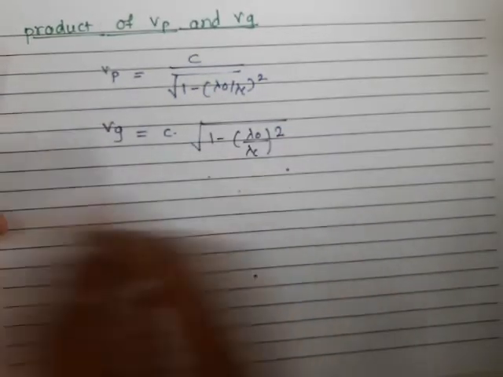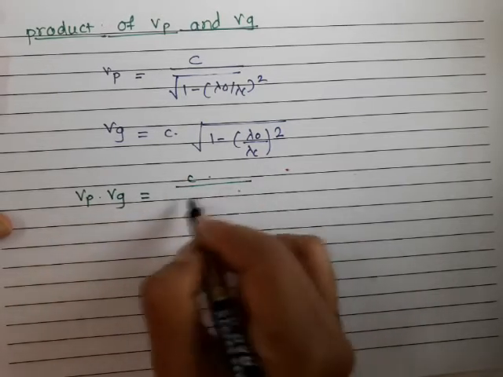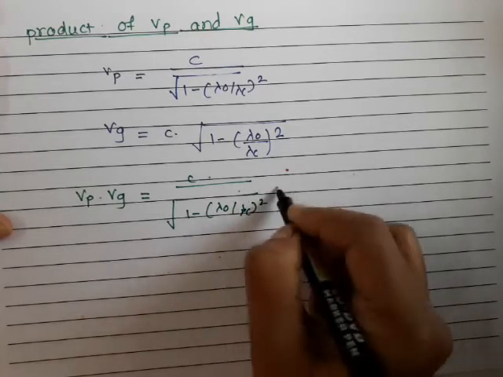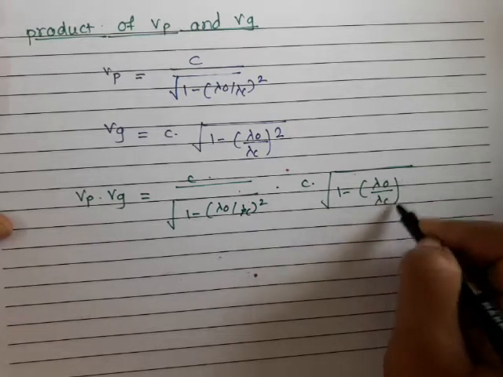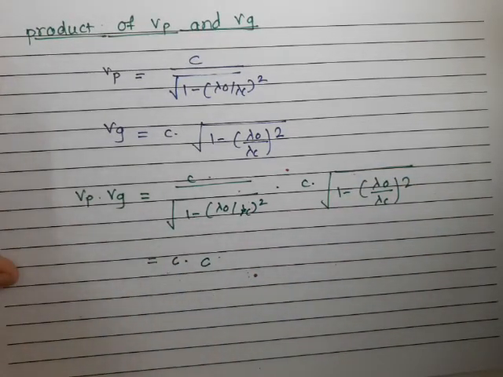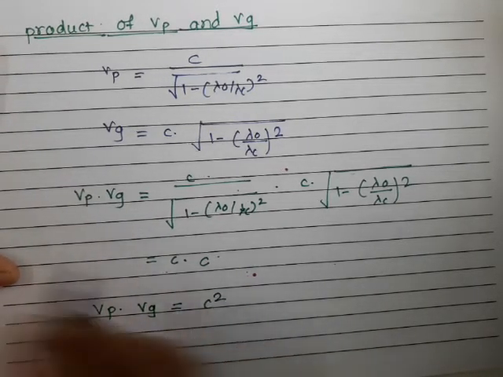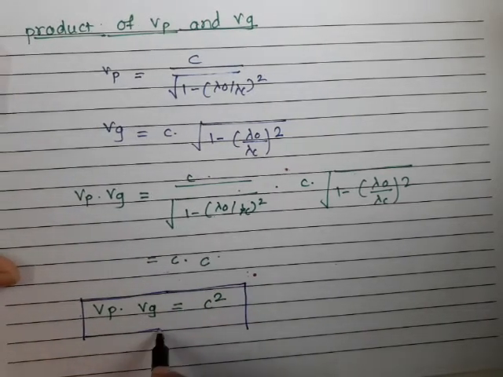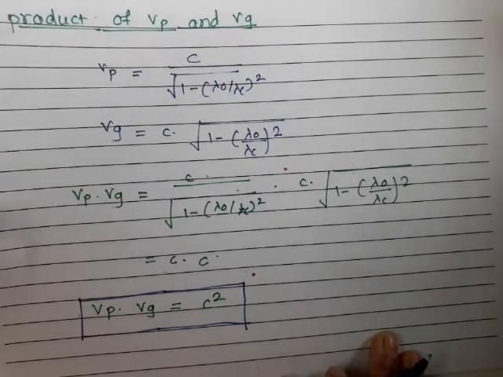So if you multiply these two, both factors get cancelled, and the product of Vp and Vg is nothing but c square. So Vp Vg is equal to c square, and this is the product of phase velocity and group velocity. So we have seen the relationship of Vp and Vg.